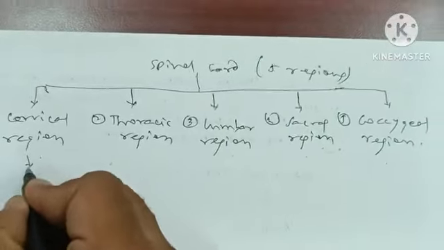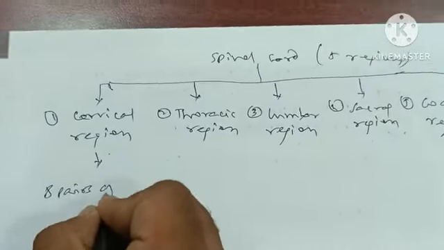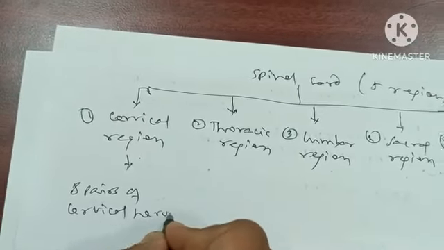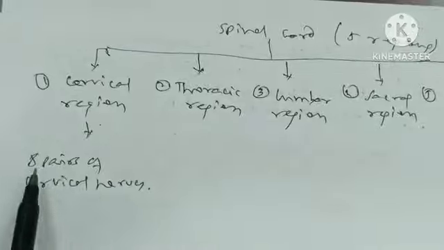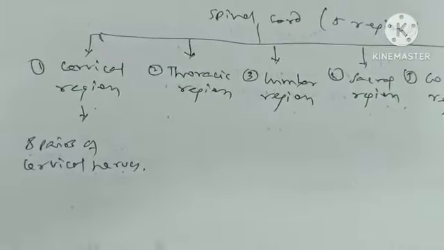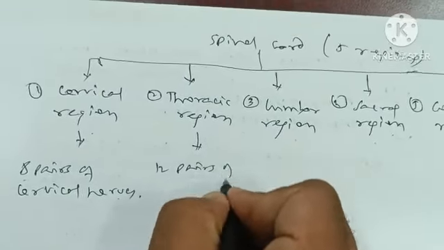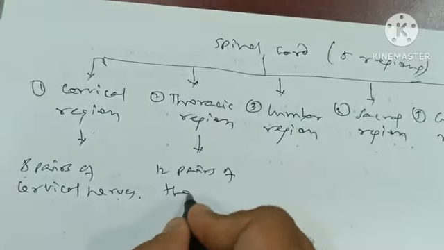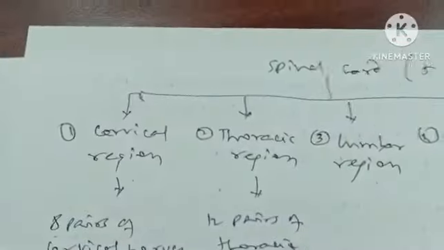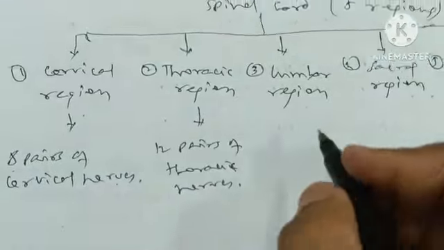Now in the cervical region there are 8 pairs of cervical nerves. We will see that 8 pairs of cervical nerves arise from this cervical region. Similarly, 12 pairs of thoracic nerves arise from this thoracic region.